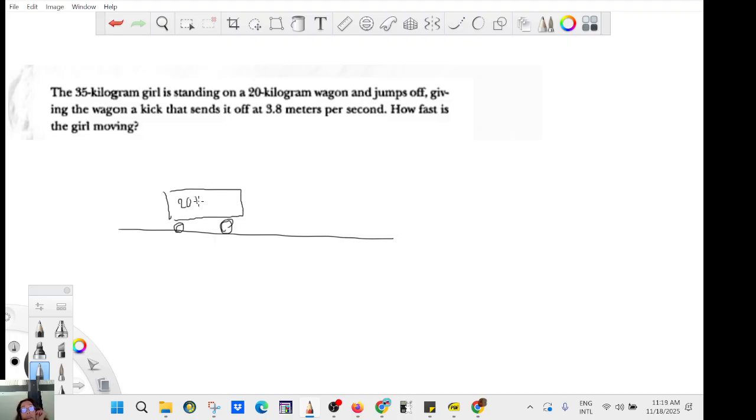Do the drawing first and see what you can do. That's before.